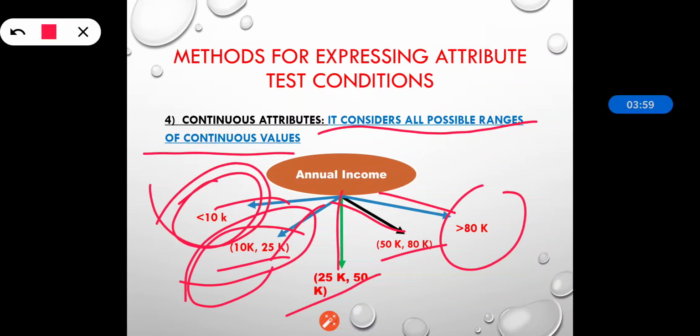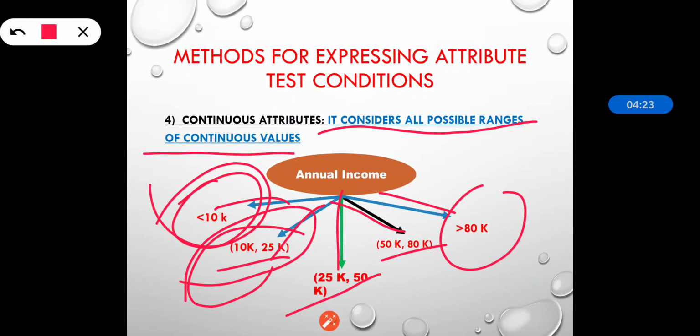the binary outcome. So these are the various methods for expressing attribute test conditions, and by using these conditions we can split the attribute test for binary, nominal, ordinal and continuous attributes. In binary we can have two outcomes.